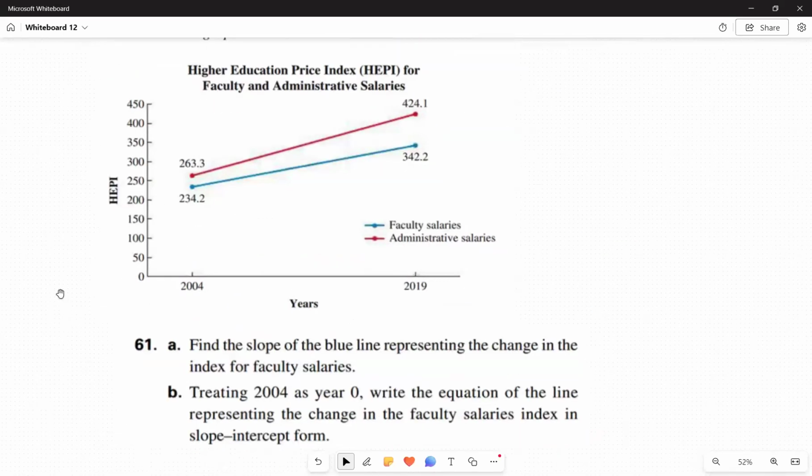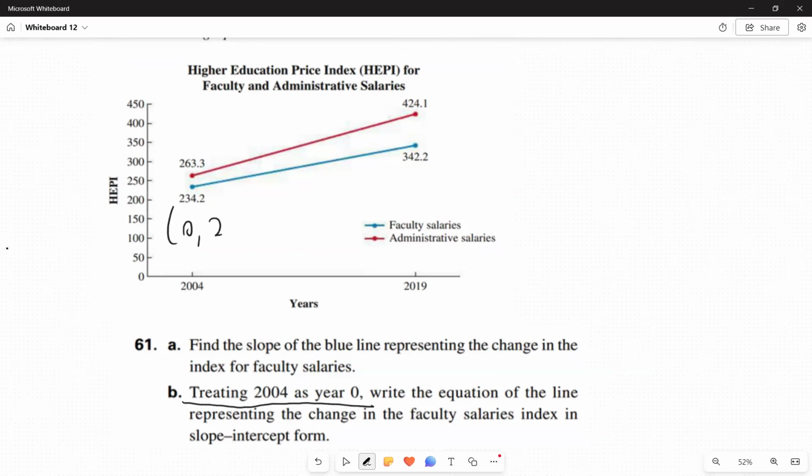We are going to find the slope of the blue line representing the change in the index for faculty salaries. And treating 2004 as year zero, write the equation of the line representing the change in the faculty salaries index in slope-intercept form. So we treat 2004 as year zero, and we have 2 points.